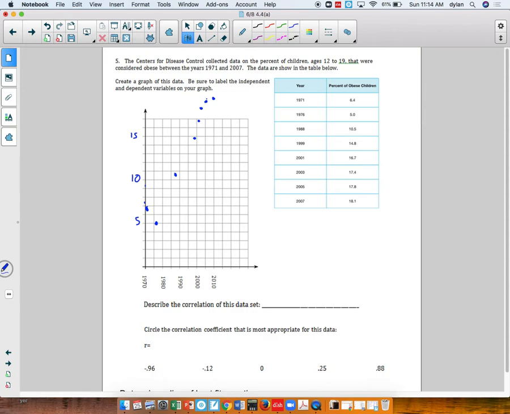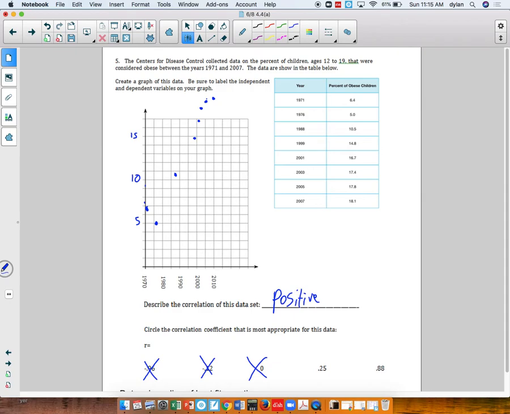And so when we do this, I already plotted the data for you, just to save a little bit of time. So the correlation of this data set is pretty clearly positive. And if we wanted to pick the most accurate correlation coefficient, we can obviously rule out the negative ones as well as 0.